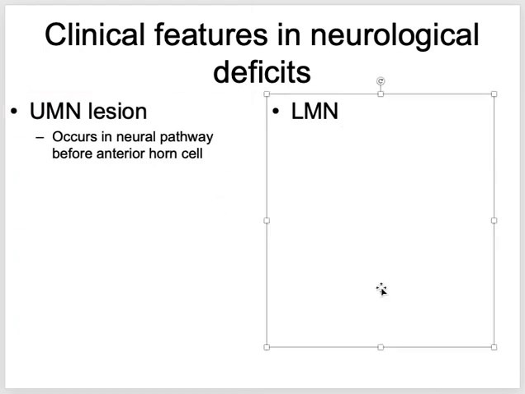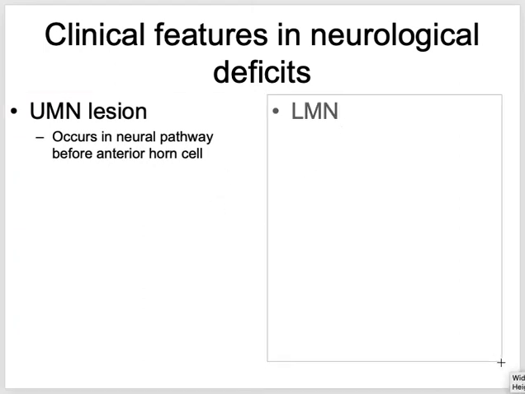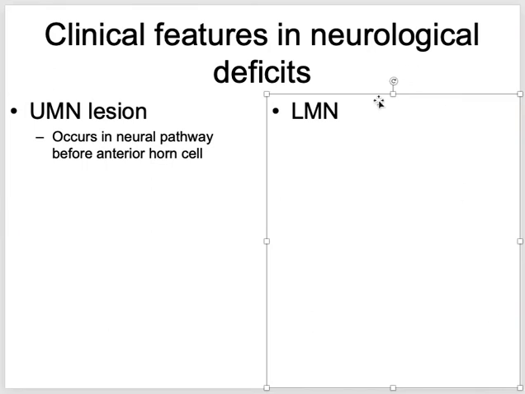Whereas a lower motor neuron type of lesion is basically anything which occurs in the peripheral nerve, or simply after the anterior horn cell.